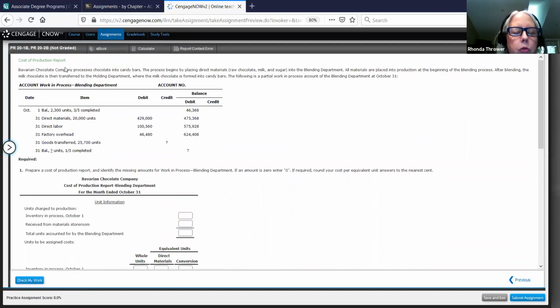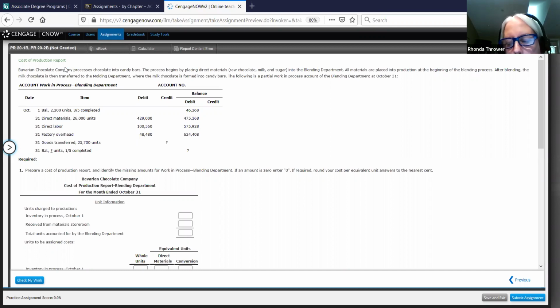This cost of production report is a report that each department in a company that uses a process cost accounting system would be preparing. And what it does is it shows you what has gone on in the work in process account for that department.